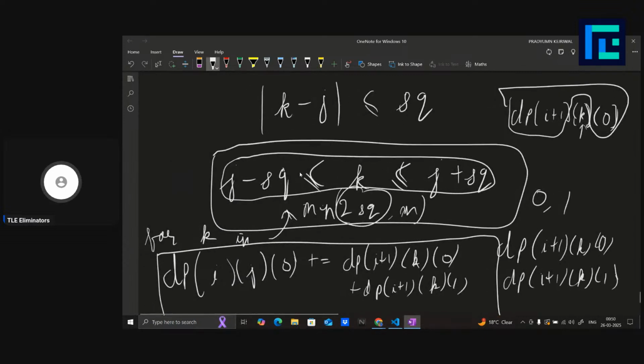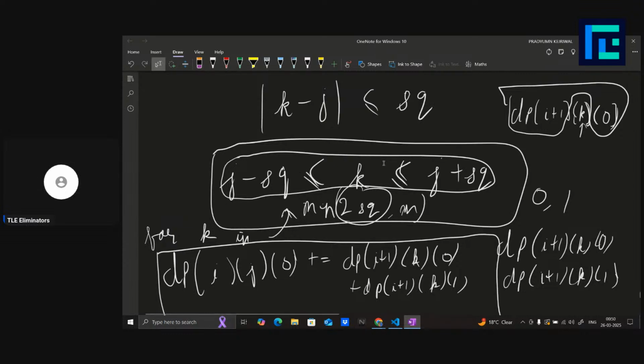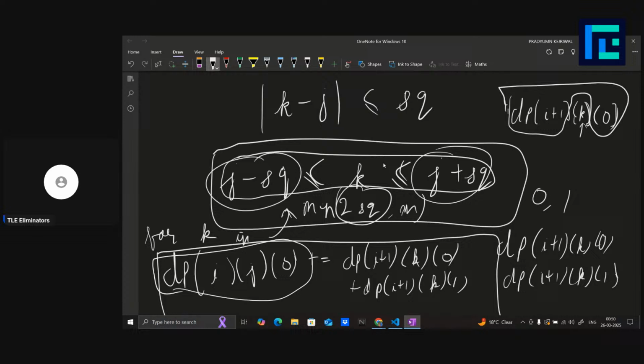If I know the range sum of this dp, for k belonging to this range, then I can just add the entire thing to my dp[i][j][0]. So yes, I can use a range sum query.